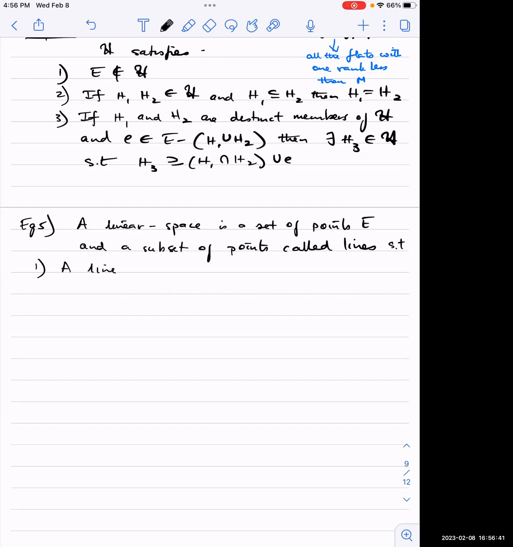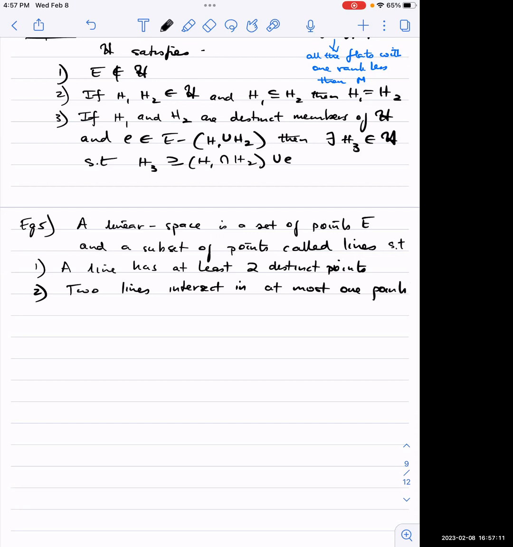A line has at least two distinct points, and two lines intersect in at most one point.